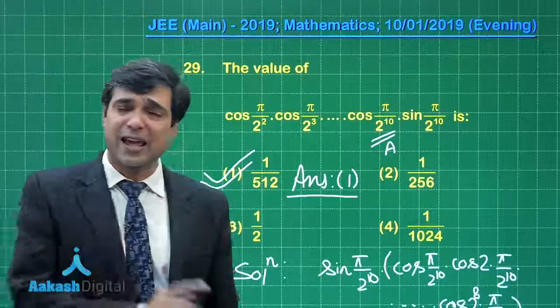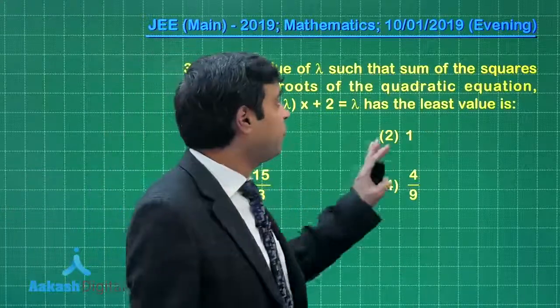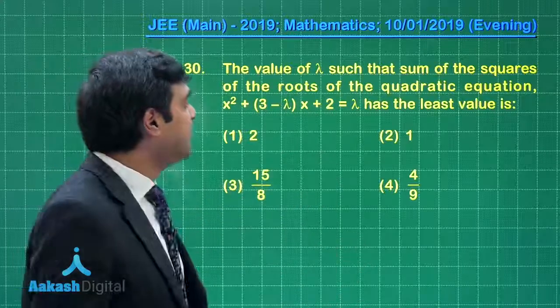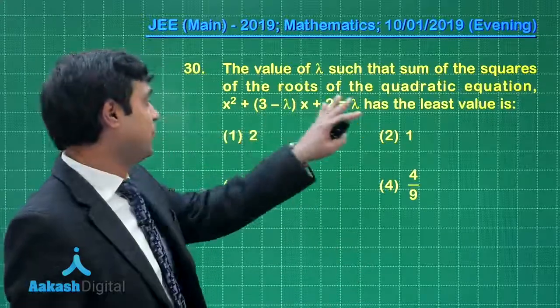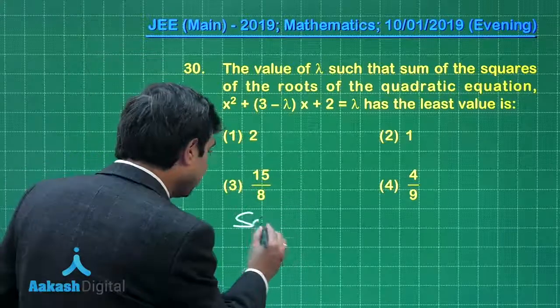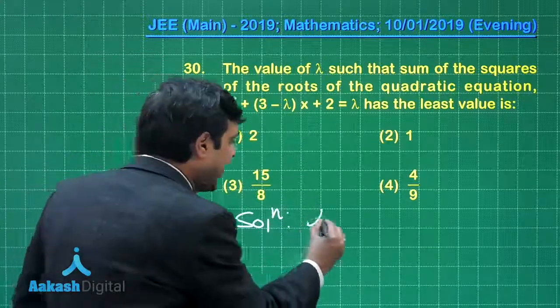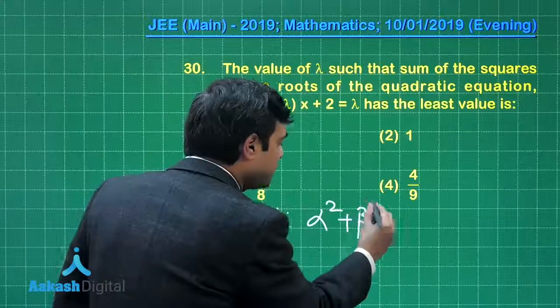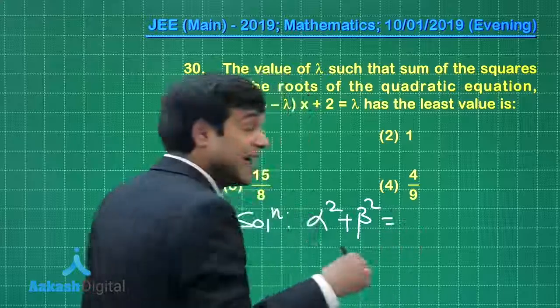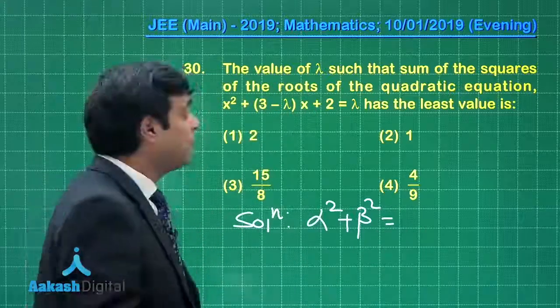Let us move on to the last question of this paper, evening shift of 10th January 2019. The value of lambda such that the sum of squares of the roots of the quadratic equation has the least value. Simple question from quadratic, we are looking for alpha square plus beta square to be minimum. Now, this can be written as alpha plus beta whole square minus 2 alpha beta.